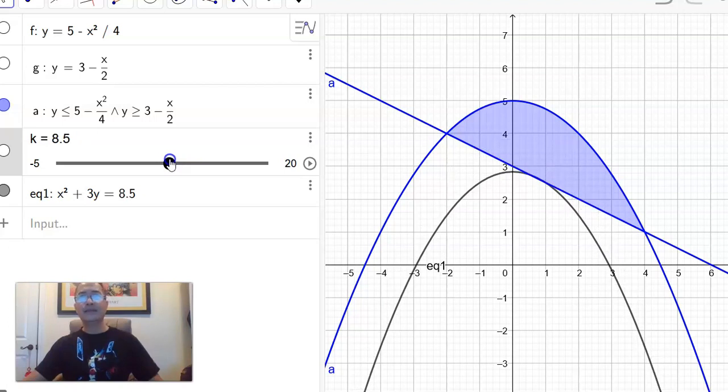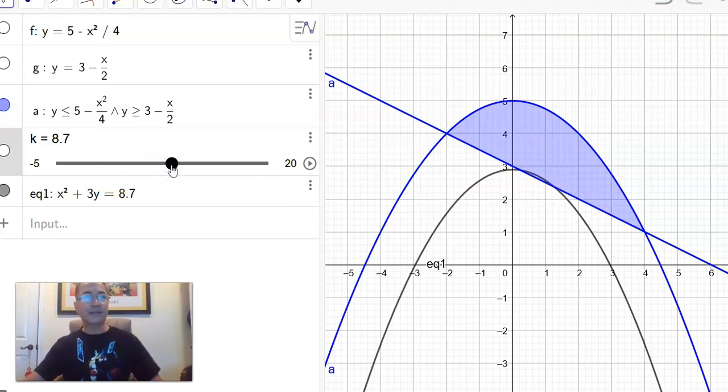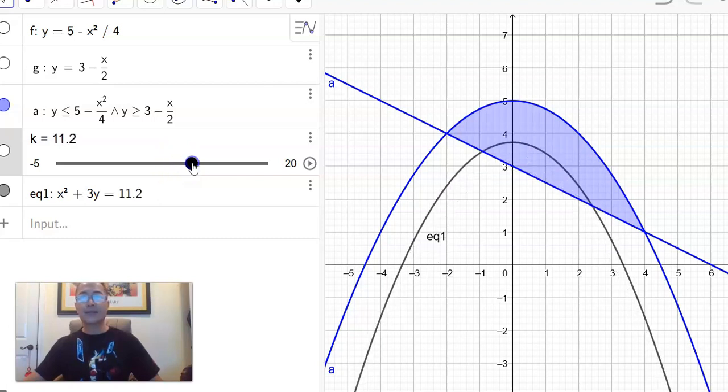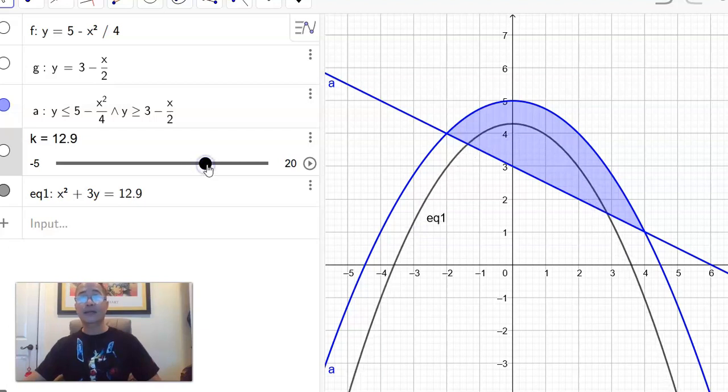When you have density 8.5, density 8, is there density? Ooh, 8.3, you're outside of the region. Okay, so it looks like the smallest density is like 8.4 or something. Okay, as you increase the density, these points on the plate are getting heavier and heavier, because the density is x squared plus 3y.